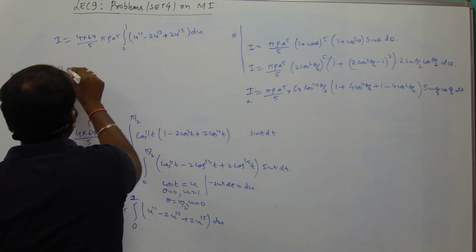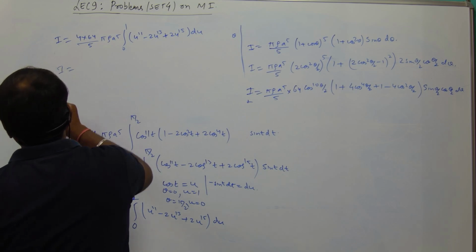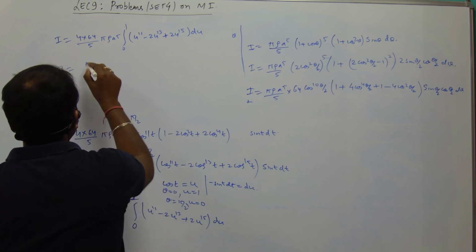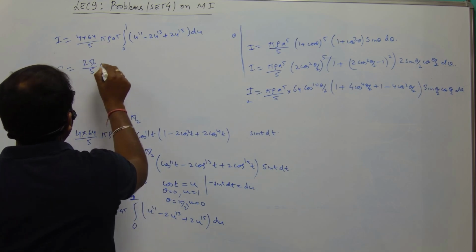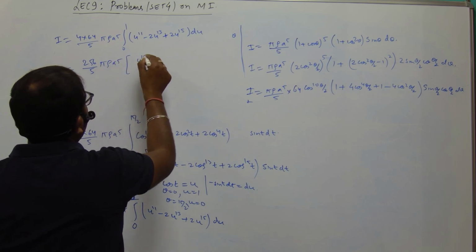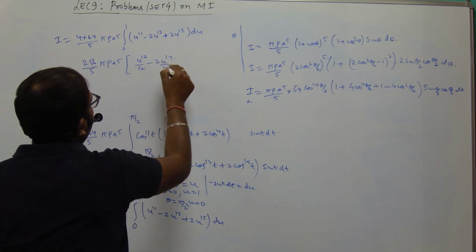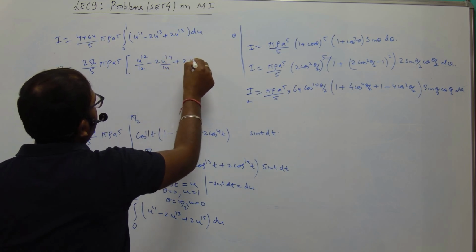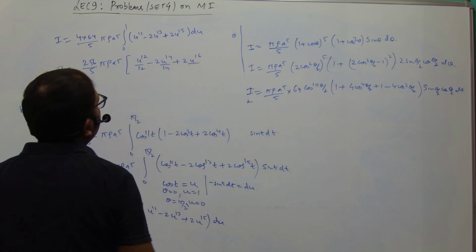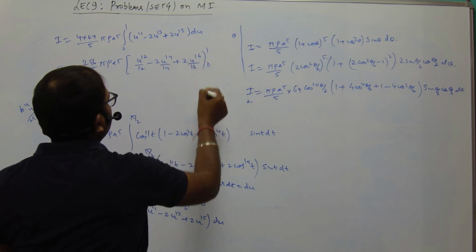So I is equal to 64 into 4, that is 256 upon 5 pi rho a^5, and this is equal to u^12 upon 12 minus 2 u^14 upon 14 plus 2 u^16 upon 16. Limit is 1 comma 0.